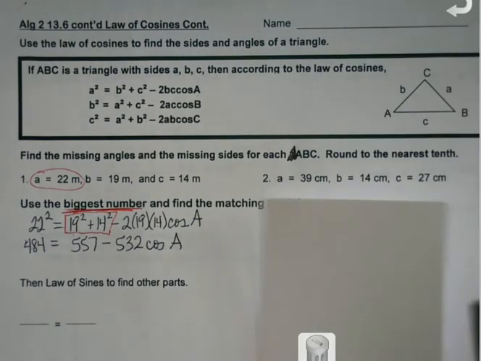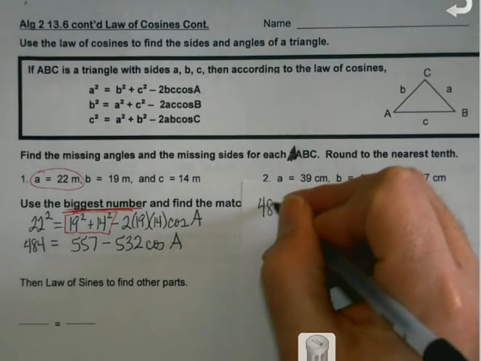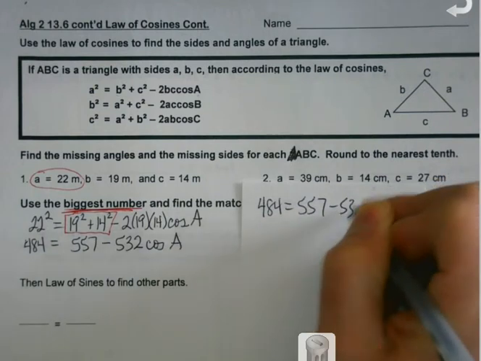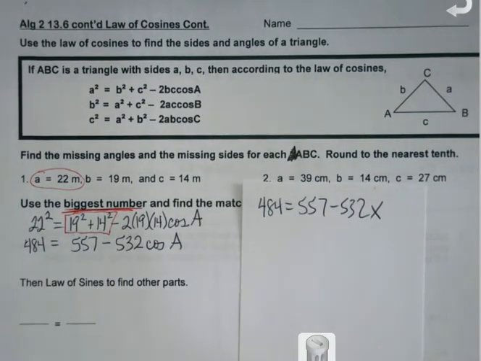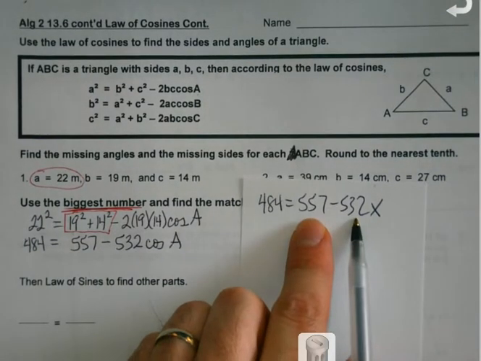So we're going to be tackling this as though it were an equation, because the next thing that people do a lot on these is, oh, 557 minus 532, it's 25 cosine A. No, it's not. Just like this wouldn't be 25x.